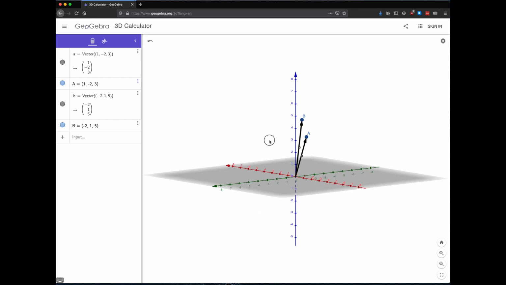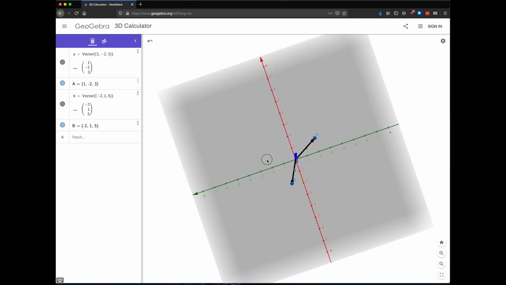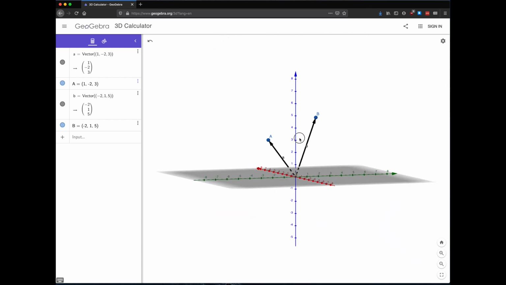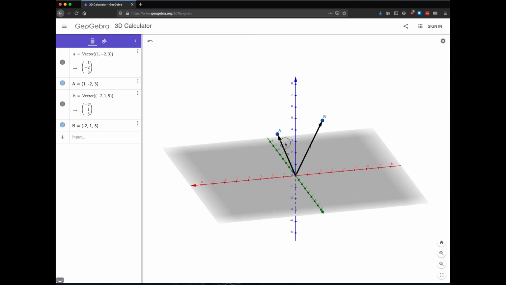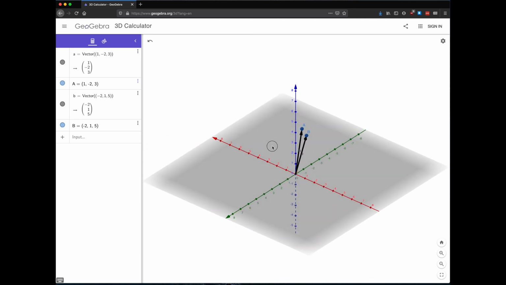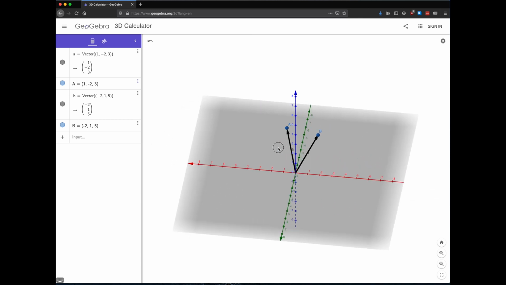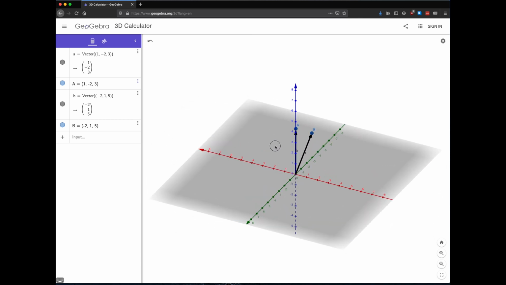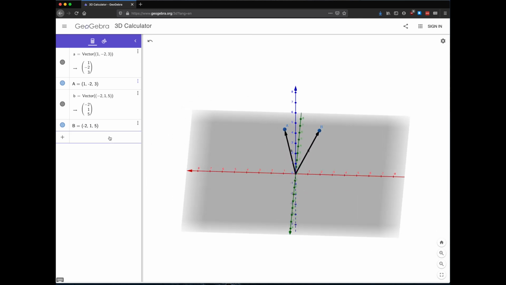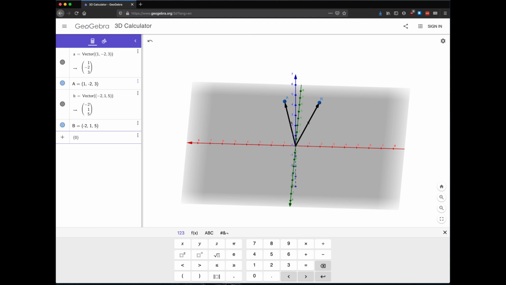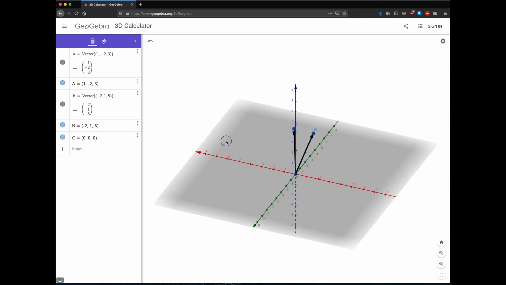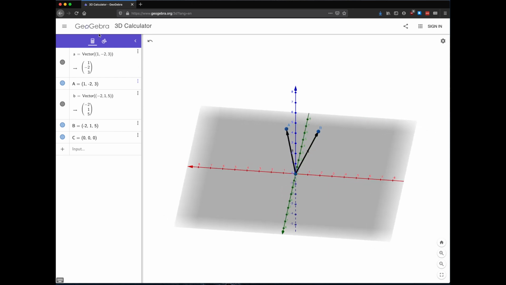And what we saw in chapter 12.4 was that these two guys by themselves make a plane. Any two vectors can be found to be in a plane. Now GeoGebra makes this easy. We already know the third point we could use is the origin. And I have a handy tool right here, this button, and it says find a plane that goes through 3 points.